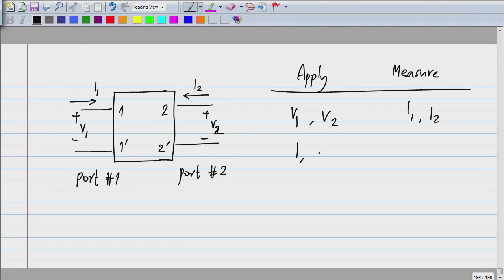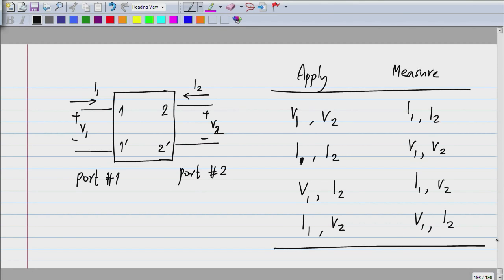Alternatively, I could apply I1 and I2 and measure V1 and V2. And I could also apply V1 and I2 and measure I1 and V2, or I apply I1 and V2 and measure V1 and I2. So all these are possible. For each of these, there is a set of two-port parameters that will describe the relationship.